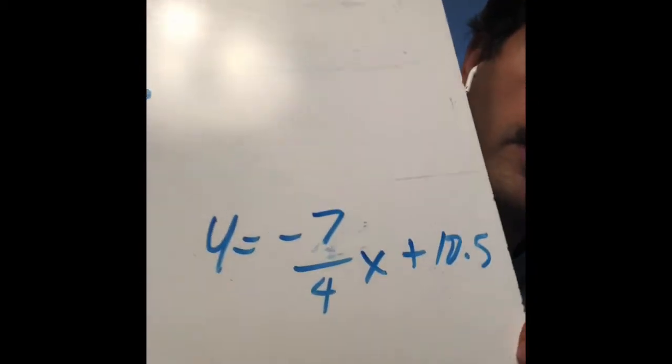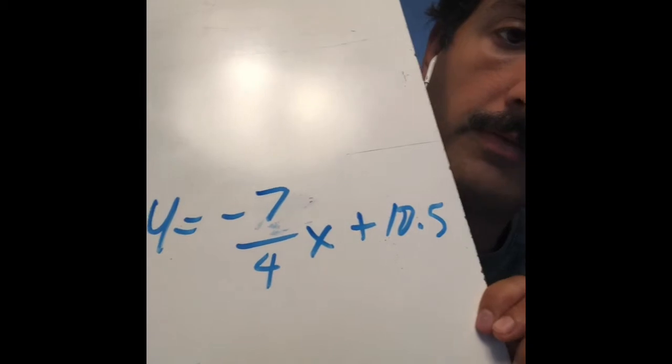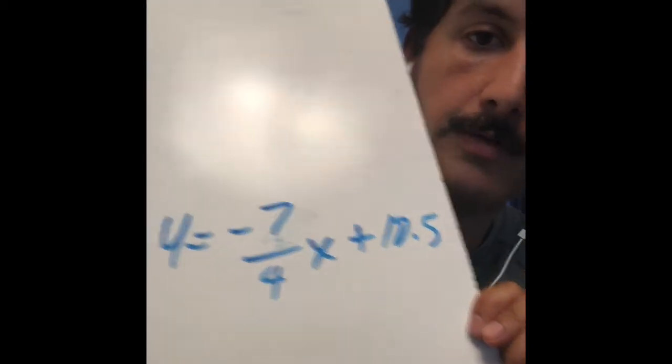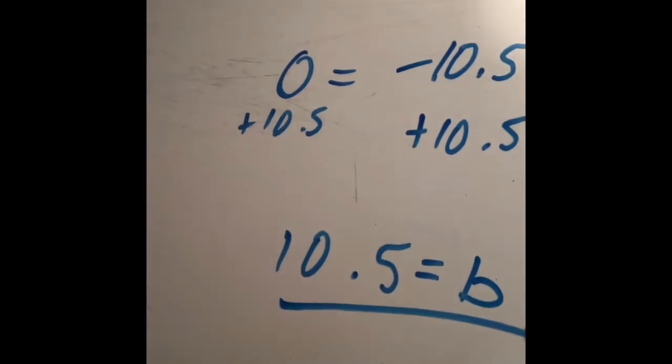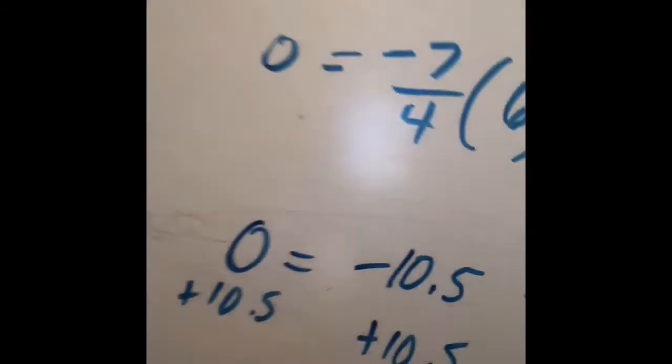All right, so there's my new equation. And we did that by solving for b using algebra. Essentially, we really used algebra to find the intercept, used algebra to find the slope.